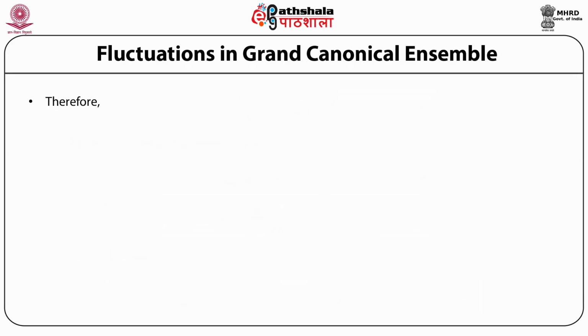Therefore, the partial derivative of P with respect to n is equal to the negative of the partial derivative of mu with respect to V at constant T and n.